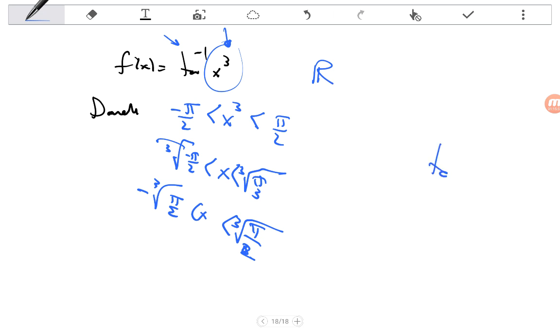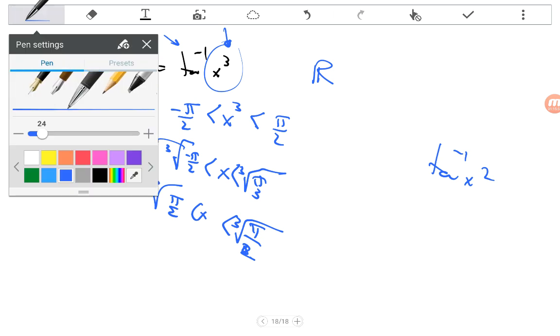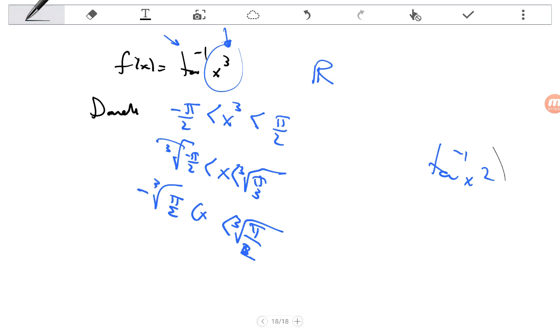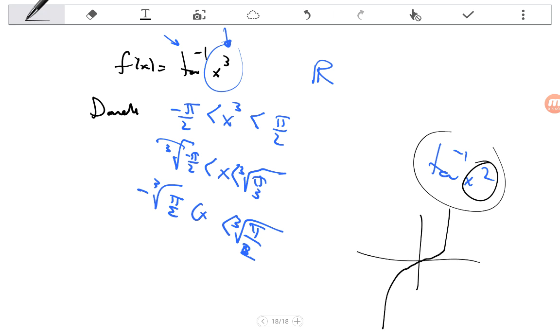But if I say tan inverse x squared, what would be the range of tan inverse x squared? Now remember this is the tan inverse, it is like this.